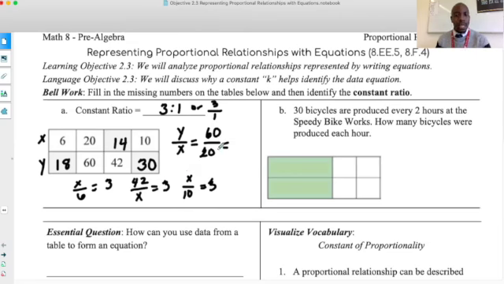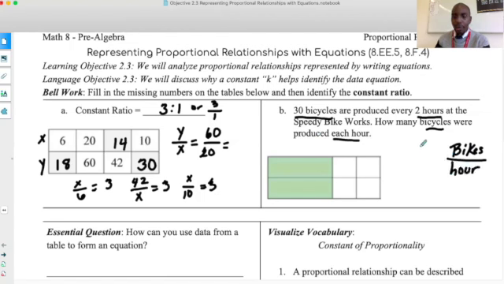Now, as we approach the second table, we ask ourselves, what is the important information? 30 bicycles every 2 hours. They want to know how many bicycles are produced each hour. If I were to write that, it would be bikes over hours.